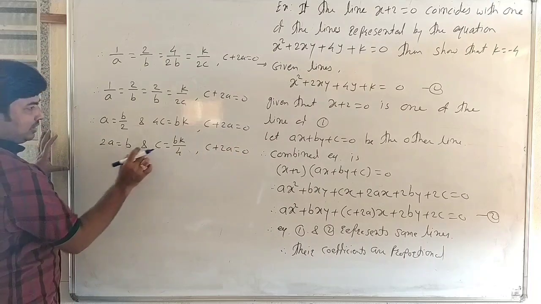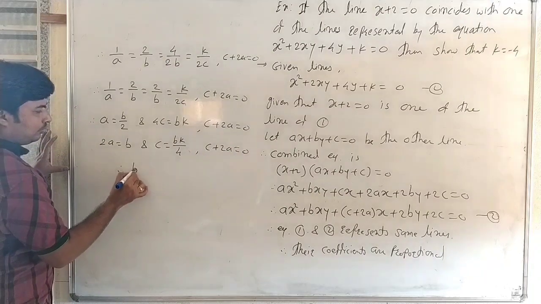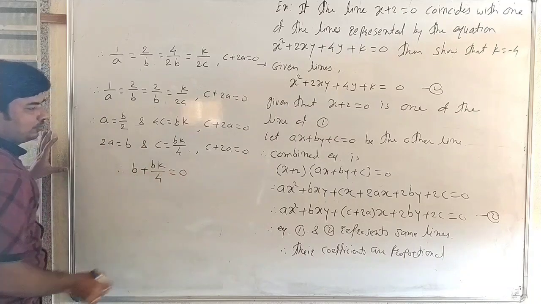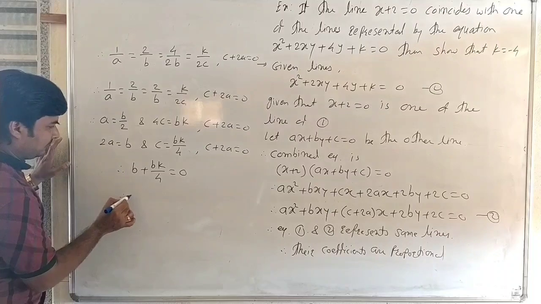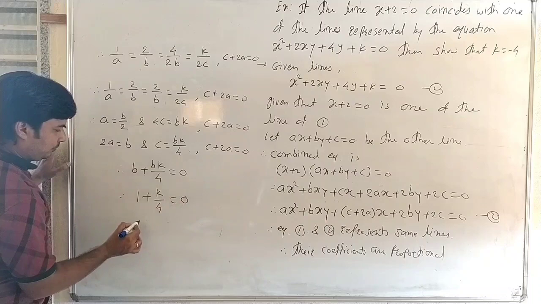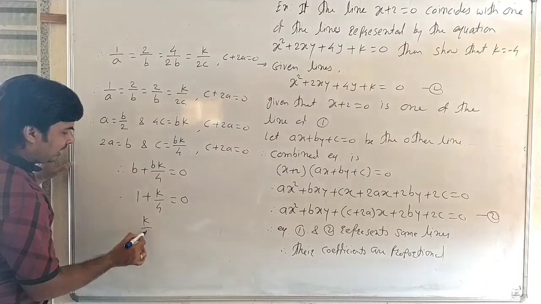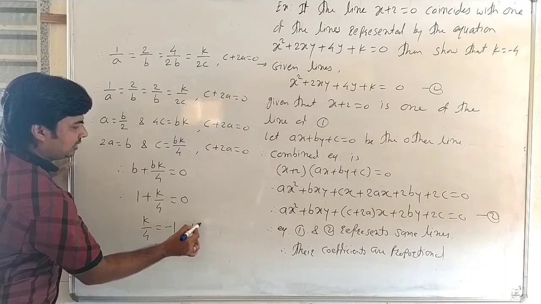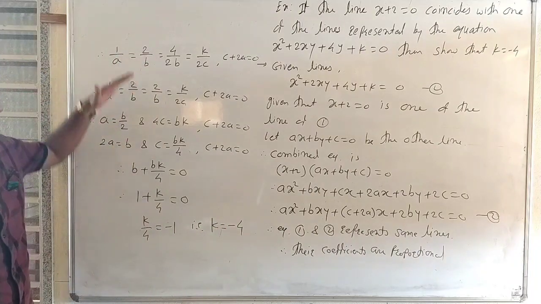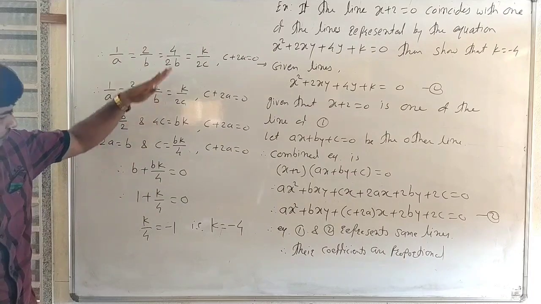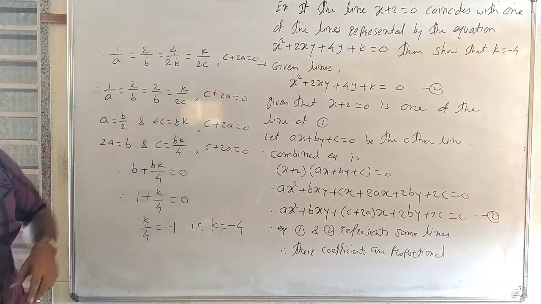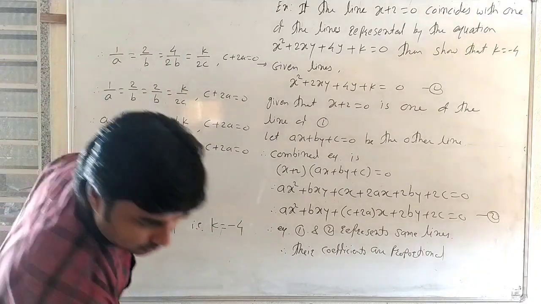Then 2a is equal to b, and c is equal to bk by 4. Therefore, we can write b plus bk upon 4 is equal to 0. Therefore, b gets common and cancels. Therefore, 1 plus k by 4 is equal to 0. Therefore, k by 4 is equal to minus 1, and that is k is equal to minus 4. It is the solution. Okay, calculation can be done shorter, however one wishes. Now I see the next example.